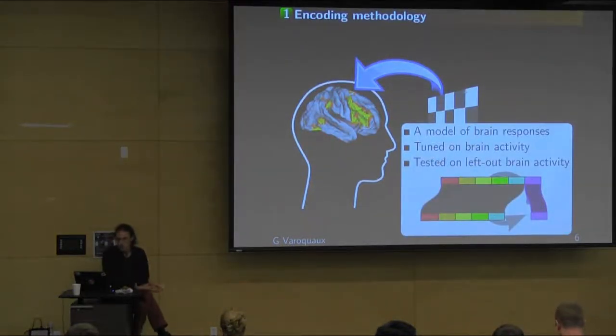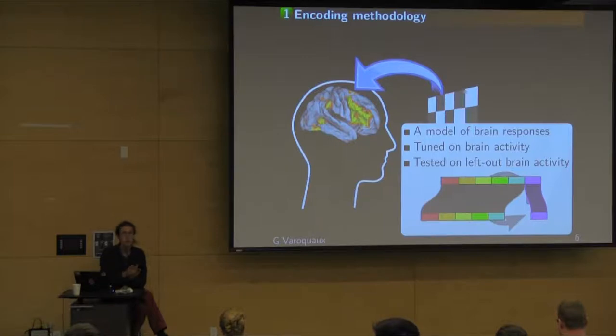So the methodology of encoding is that you specify a model of brain responses in a way that is left to the researcher. And this model is then tuned on brain activity. So it's adapted to explain well brain activity. And that's the fitting or the training part of machine learning.